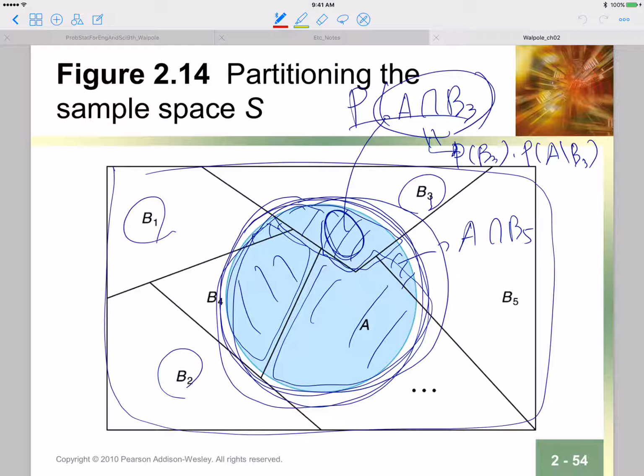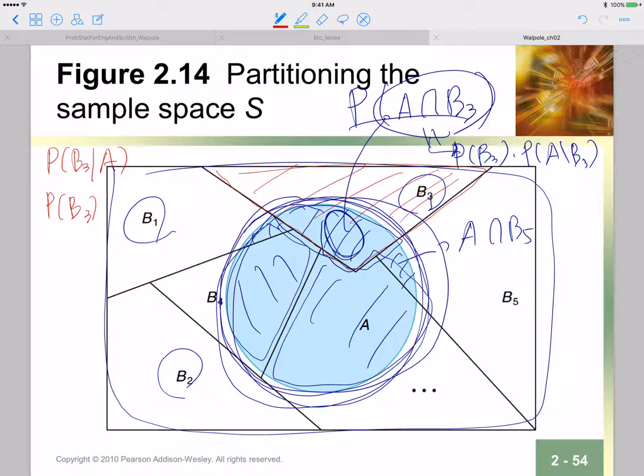If we consider the probability of P of B3 given A, then in this Venn diagram, the probability of B3 is this triangle, right?